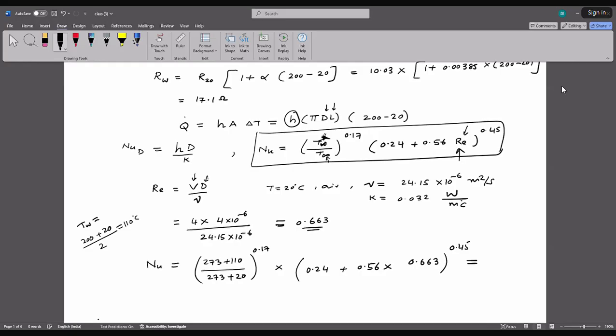If you do the calculation properly, the Nusselt number will come out to be 0.738.